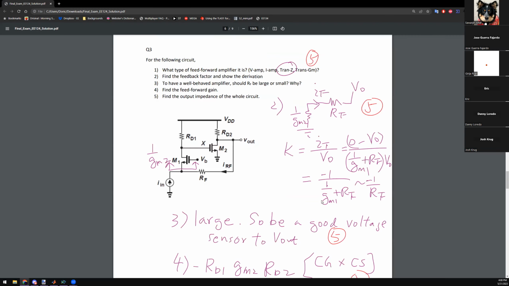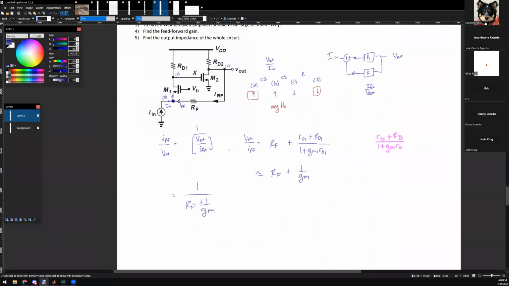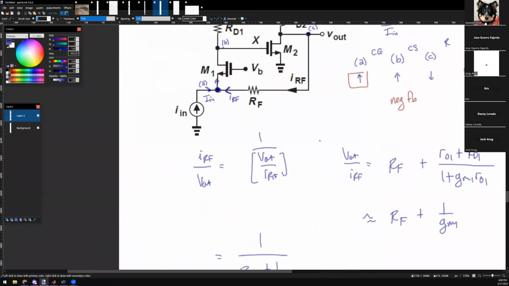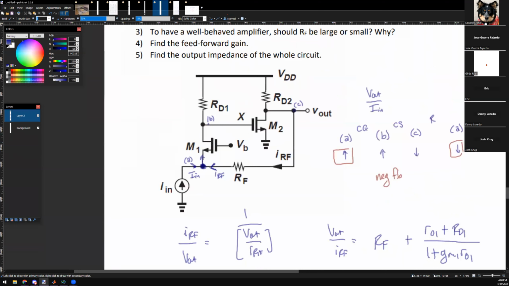Yeah. Okay, cool. But it's negative. Why is it negative? Let me think. Oh, of course it's negative. Because here, the way RF is defined, it looks like it's adding current in this direction, right? So plus gets me the current here. You guys agree? Yeah.